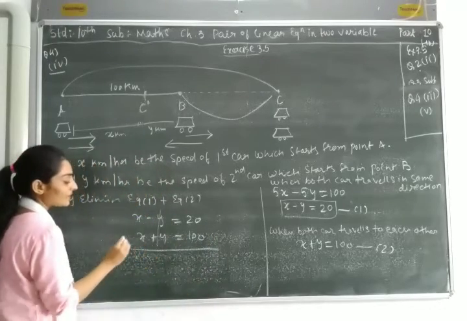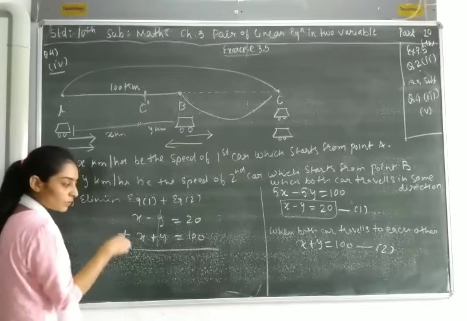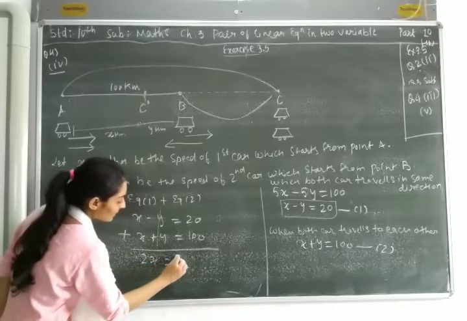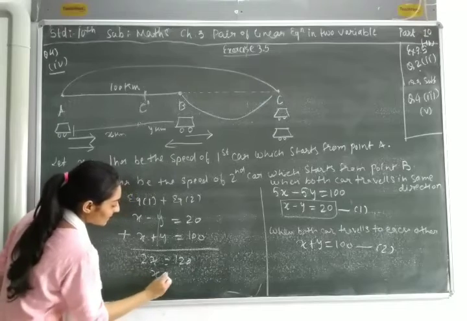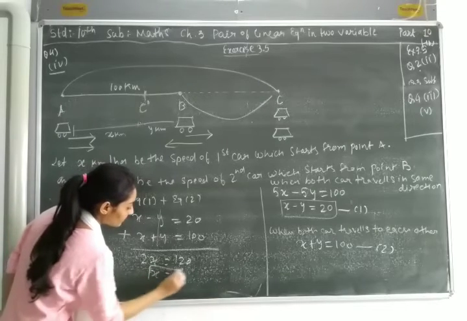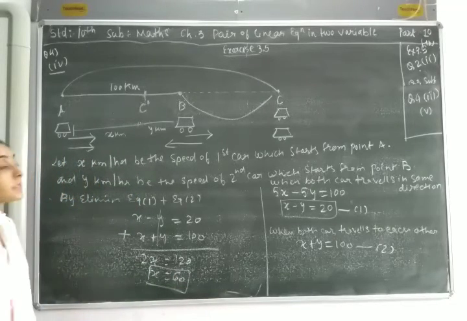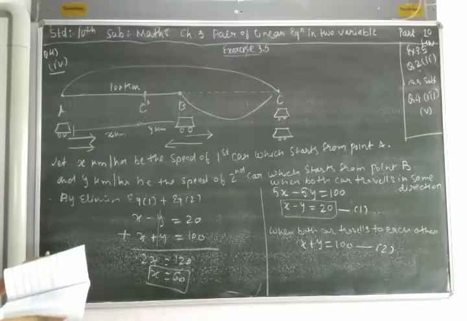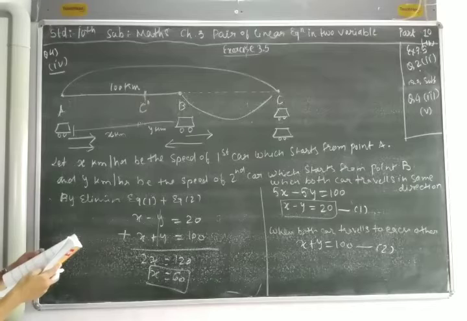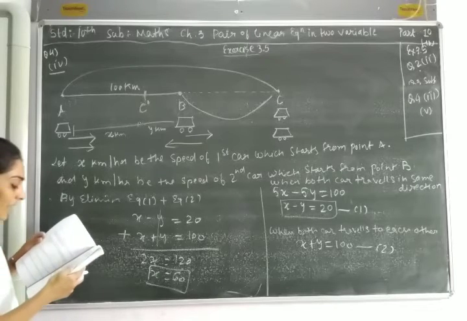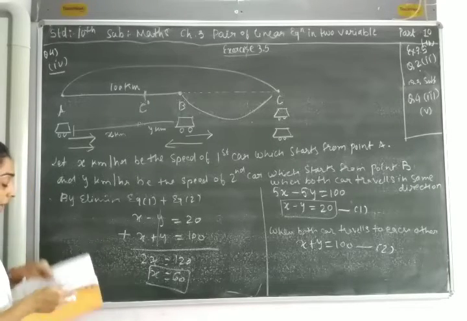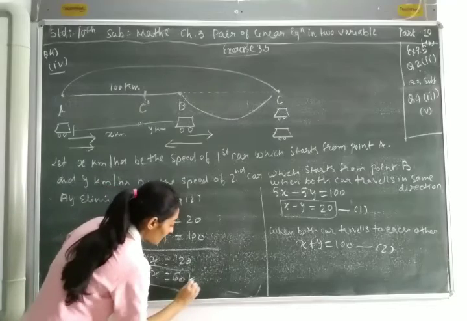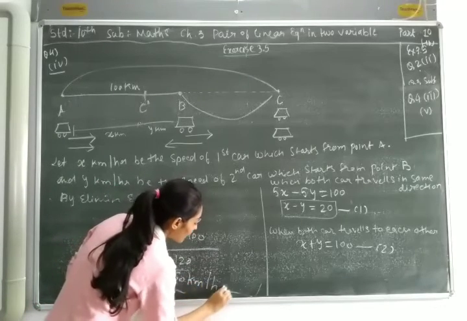So y gets cancelled, addition sign only. So 2x is 120, x equals 60. X equals 60. So the speed of car number 1 is 60 kilometers per hour.